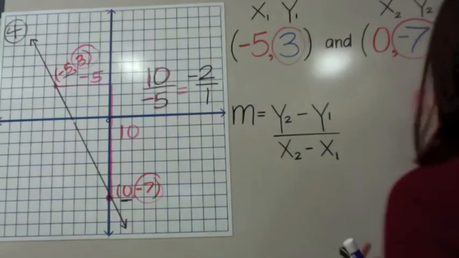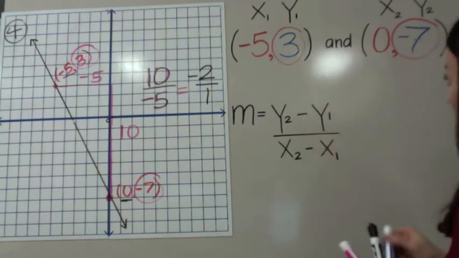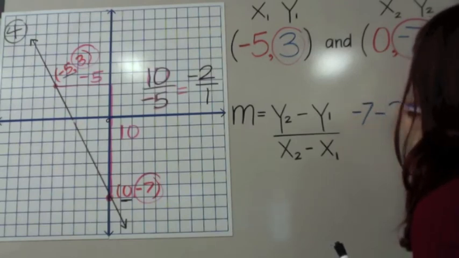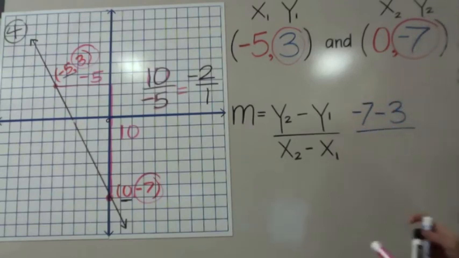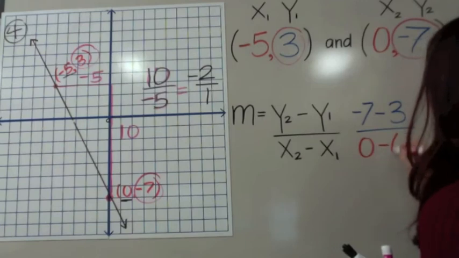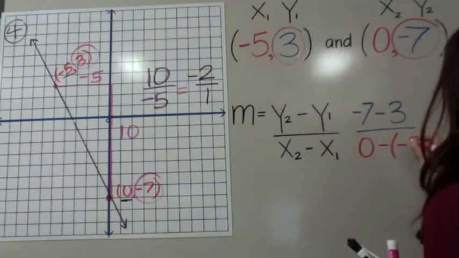All right, so we said negative 7, and this is a subtraction sign, so we're going to do negative 7 minus 3, okay? And then we're going to do 0, minus, and then in parentheses because you're subtracting a negative 5 here.